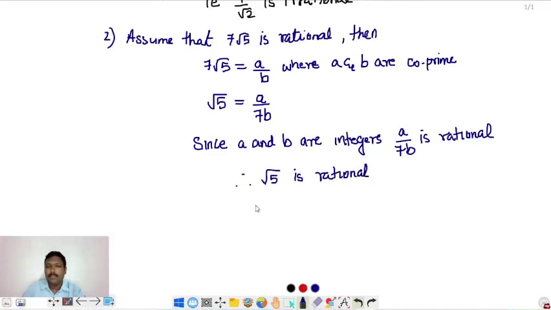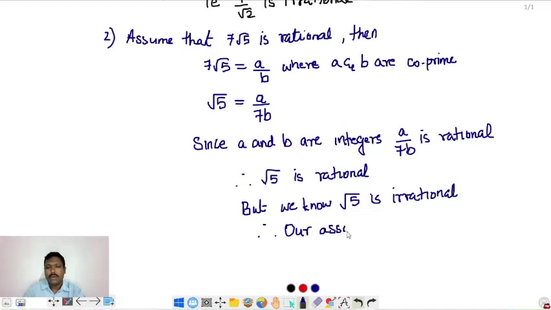But we have proved root 5 is irrational. Sometimes in the question it is given that. But here, we know root 5 is irrational, therefore our assumption is wrong.